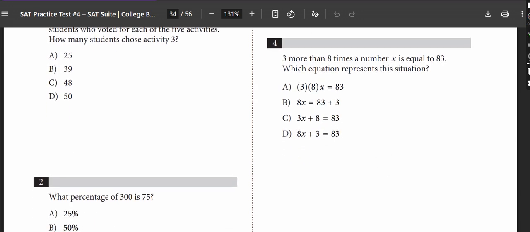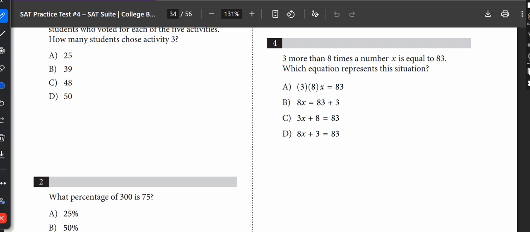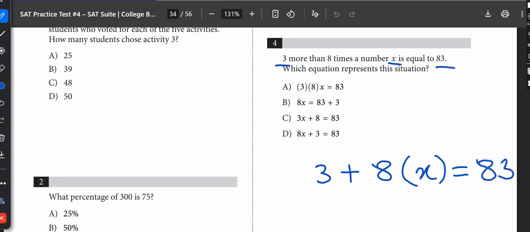Now we will do question number 4. Three more than 8 times a number x is equal to 83, right?